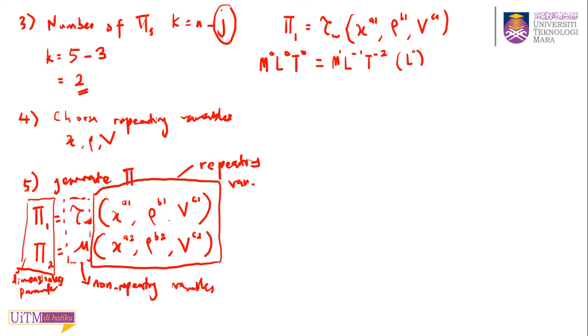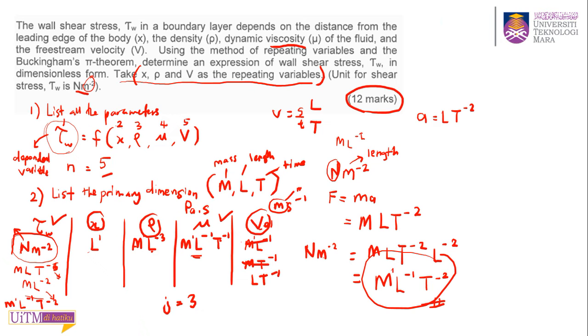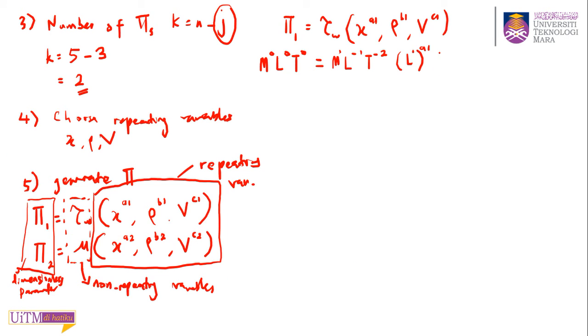So remember to write also the number 1 on each of the parameters, A1, and for rho you have M1 L minus 3 for rho, so this is B1, and for velocity L1 T minus 1, C1.